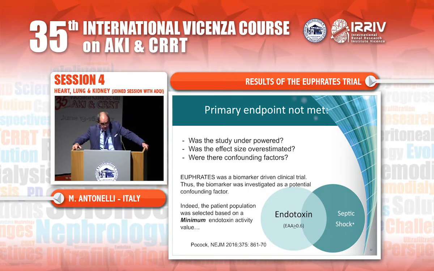However, we have also to consider that this is, in fact, the first trial that is biomarker-driven, and this biomarker, as the assay is not perfect, may have some potential confounding factors. And we need also to remember that the patient population was selected on a minimum endotoxin activity value, always in septic shock.